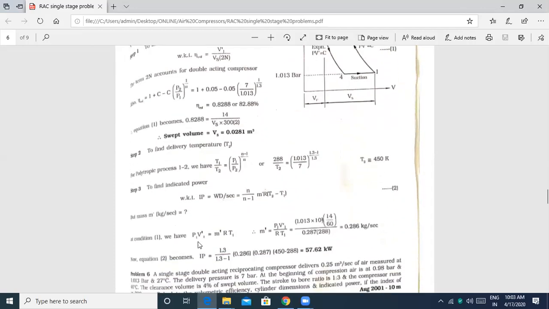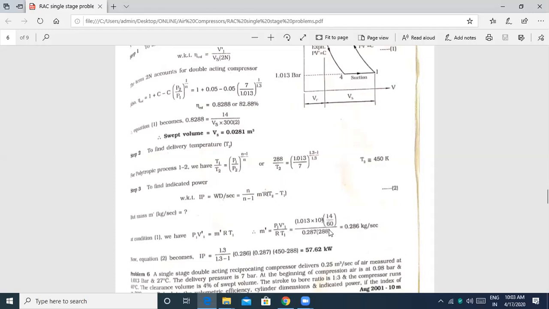Next, we have to find the mass from P1 V1 equals MRT1. This is the ideal gas equation, PV equals MRT. So M equals P1 V1 divided by RT1. P1 is given as 1.013 bar, and you have to convert to kilopascals, remember. And V1 is 14 divided by 60. As I said, you have to convert to seconds because we are going to express the power in watts.